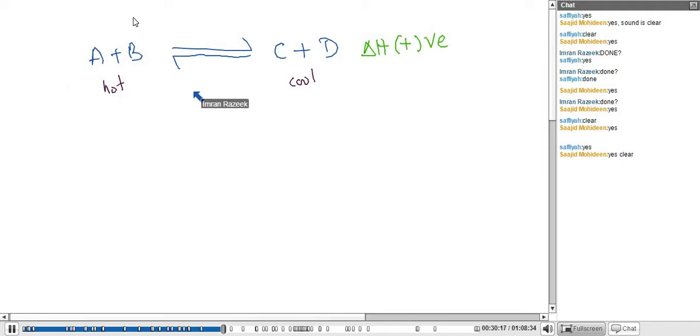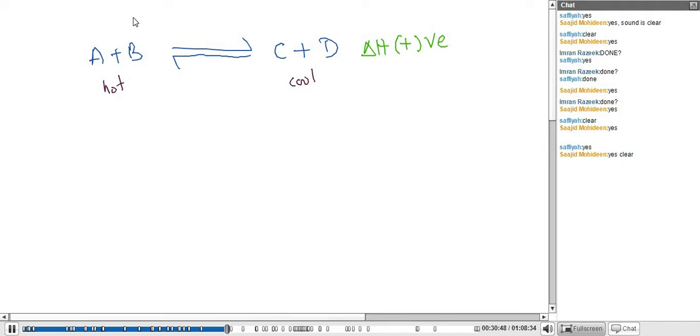So if I increase the temperature of this equilibrium, the system will not like it. It will come out of equilibrium, and it will adjust to decrease the temperature.